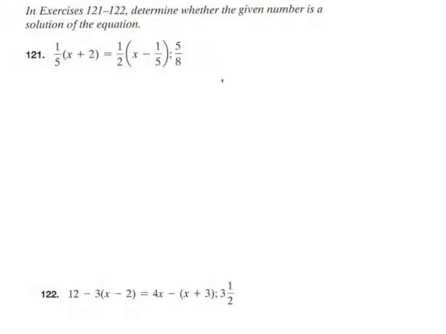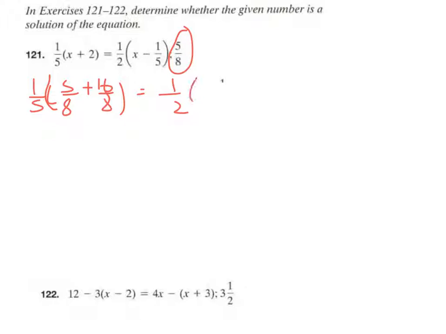All right, to do this problem, we need to substitute 5/8 into where x goes. So that's the first thing I'm going to do. And at the same time, I'm going to change this 2 to a fraction that I can add to the 5/8. Then on the other side, I do the same thing. And I'm also going to change these denominators to the common denominator, which happens to be 40.